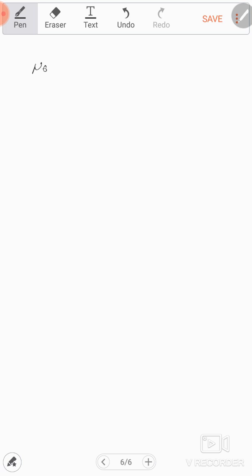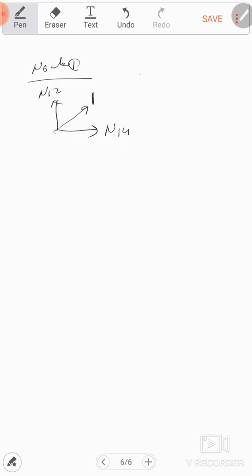Node number 1, we have 3 members. N14. This is force 1, as we assumed after we released the member F, we assumed 1, and this is N12.